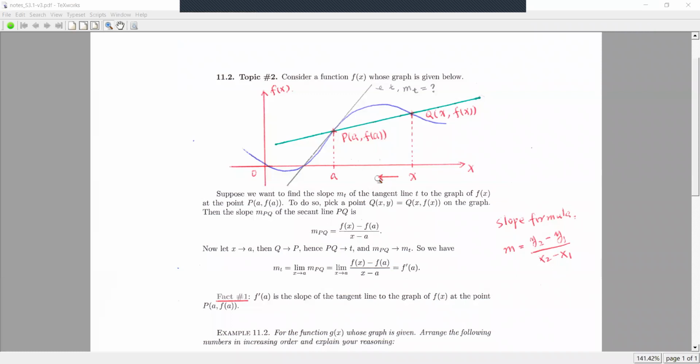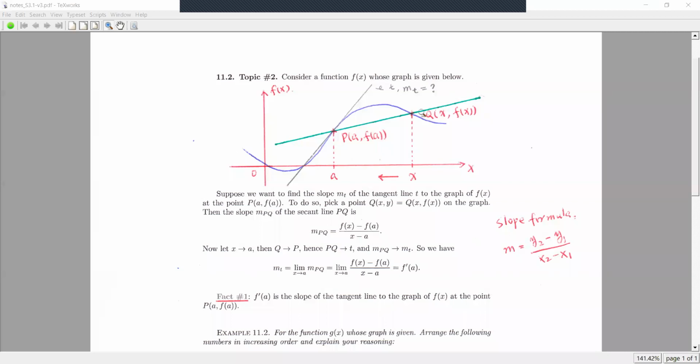The difficulty of finding the slope of this tangent line is we know only 1 point on the tangent line, point P. We don't know a second point on the tangent line. To overcome this difficulty, we use a limit to find the slope of the tangent line.